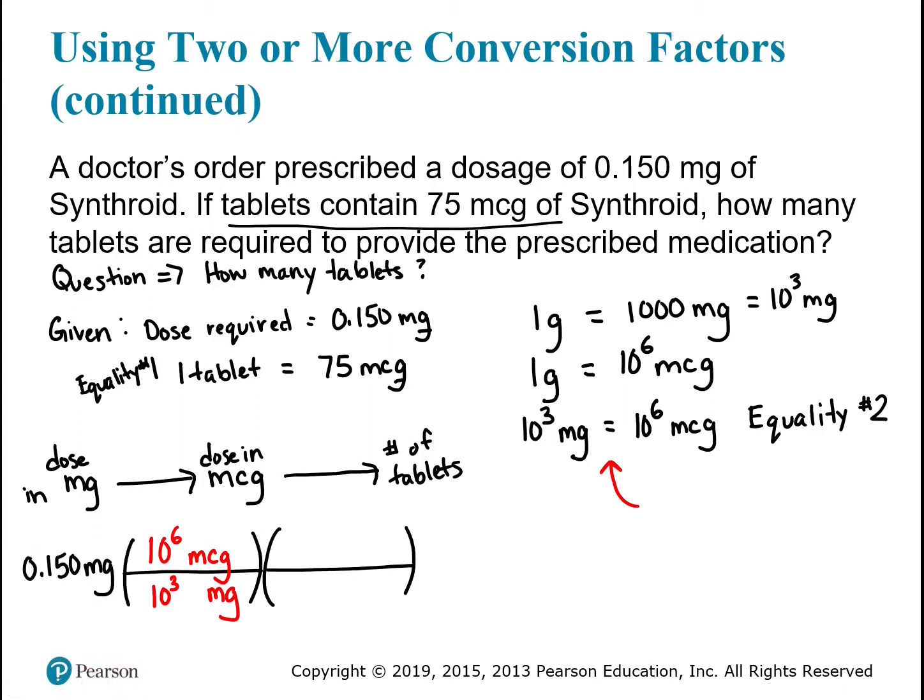For our second conversion factor, we need to take the number of micrograms and get to the number of tablets. Micrograms are in the numerator, so micrograms must go in the denominator. The number associated with that is 75 in our equality, and that is for 1 tablet.